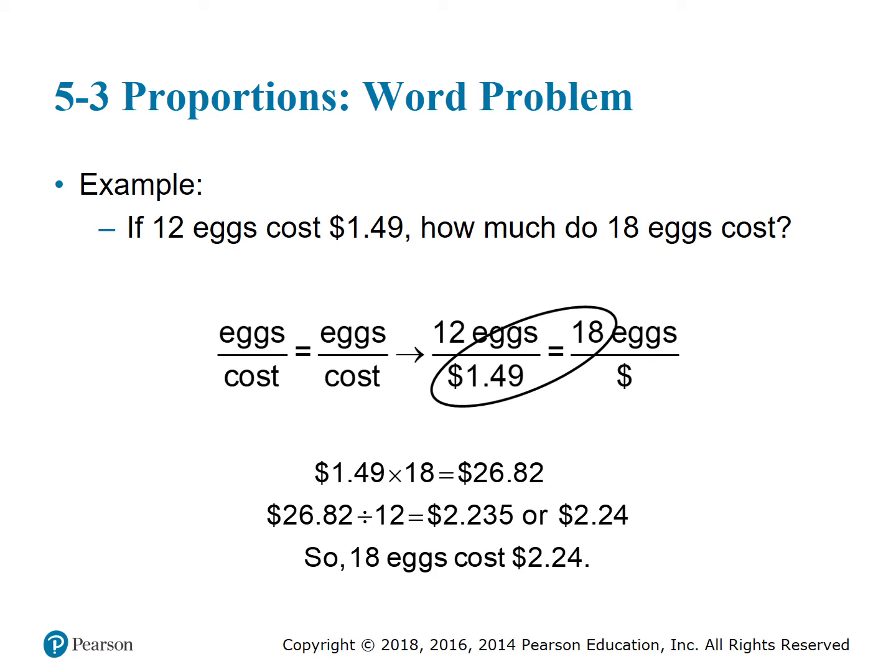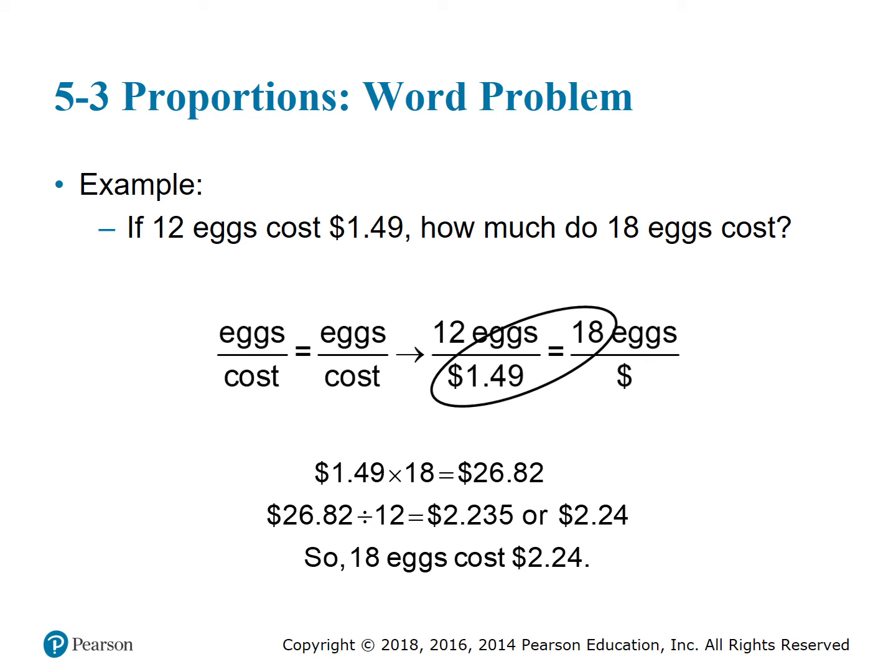We know that we have 18 eggs, and so we're going to place those next to the 12 eggs, right? So that they're across from each other. And then our unknown is the cost, so it goes under that.